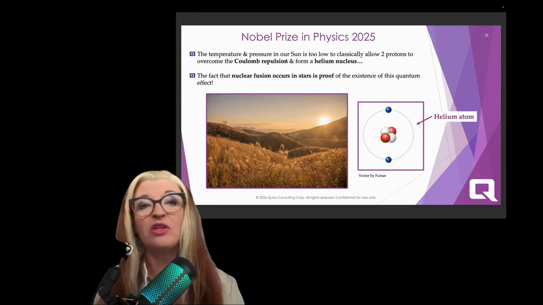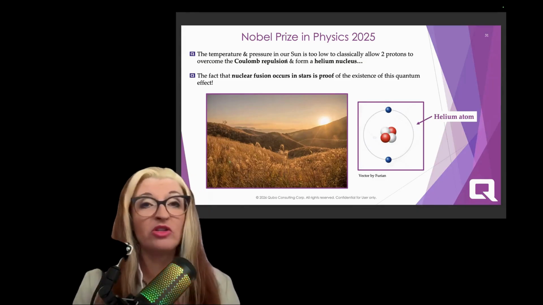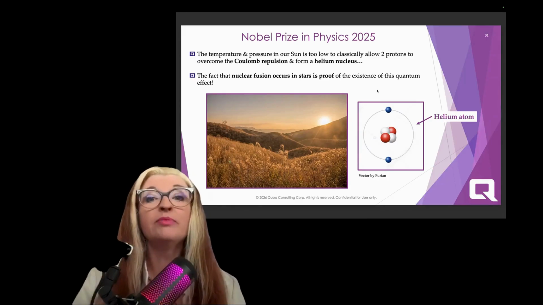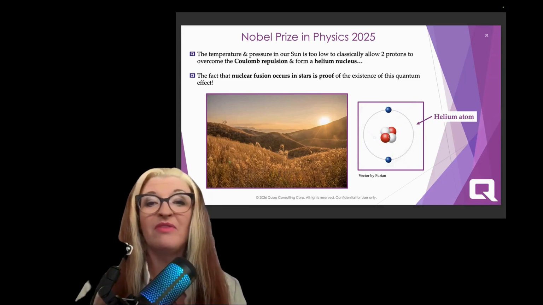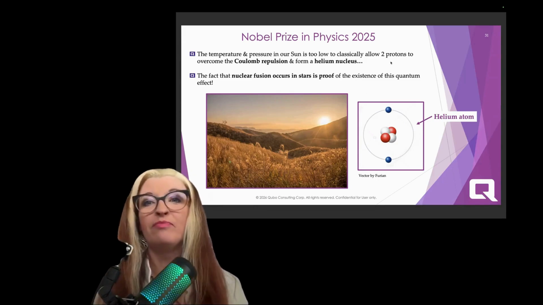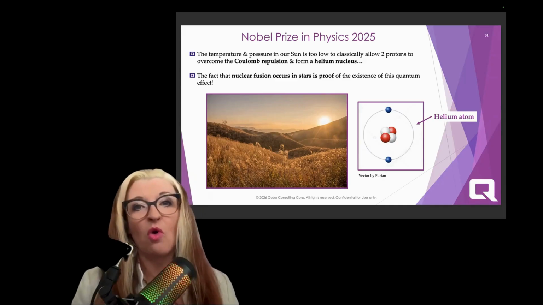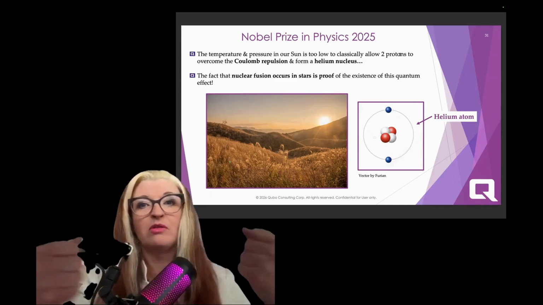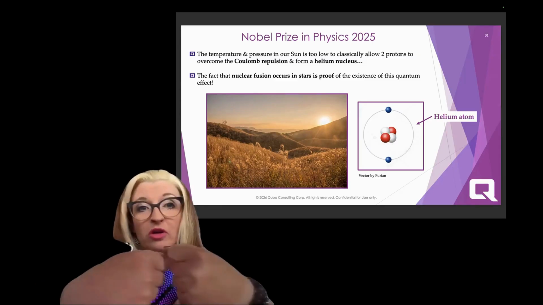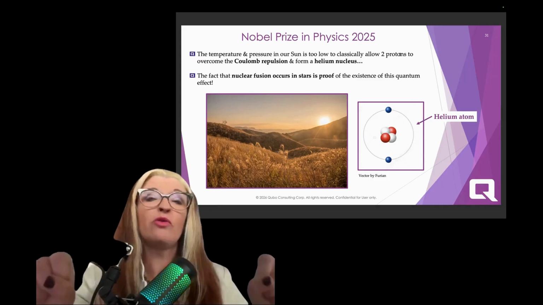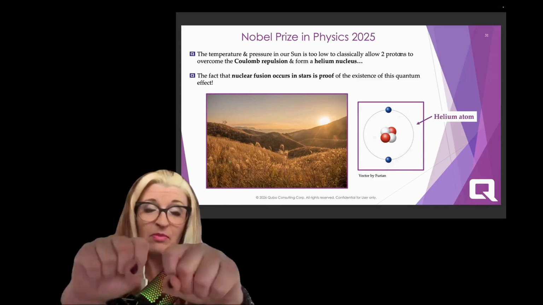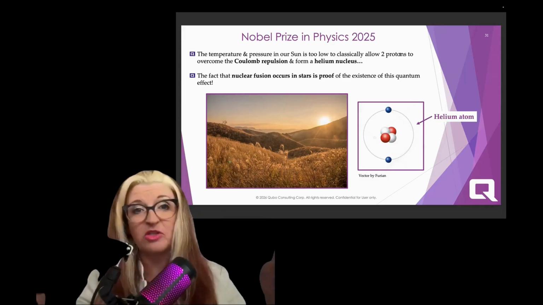So the fact that nuclear fusion is happening in our stars all the time is proof that this effect, quantum tunneling, is real. If it wasn't real, the protons wouldn't be able to overcome this electrical repulsion, because they're both positively charged, so they're going to repel each other. Think of two magnets. If you take both south poles of magnets and push them together, they repel each other.